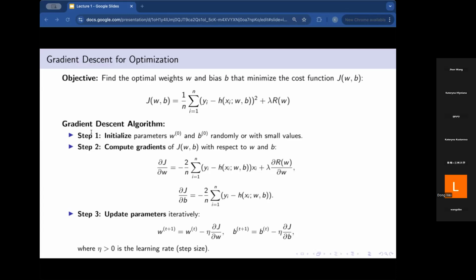Step 3, finally, we update the parameters iteratively using the computed gradients. The weight w at time t plus 1 is equal to the weight at time t minus the learning rate, denoted by eta, times the partial derivative of J with respect to w.